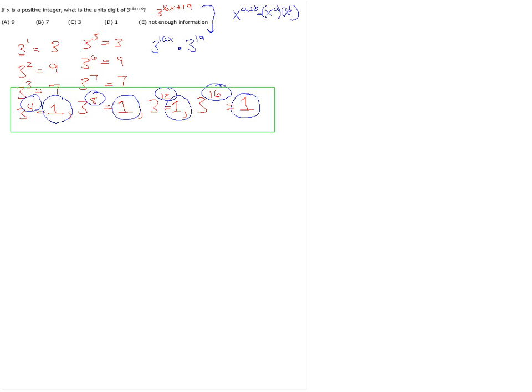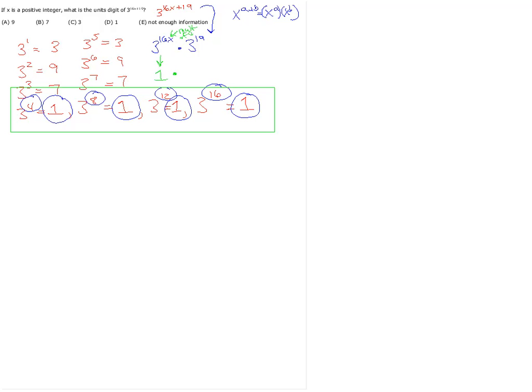Now, based off of everything I just showed everyone, knowing that 16 itself is a multiple of 4, and also knowing that x is an integer, means that 16 times x is definitely going to be a multiple of 4. And when you know it's a multiple of 4, you know that that units digit is going to be 1. So we have that one sorted out.